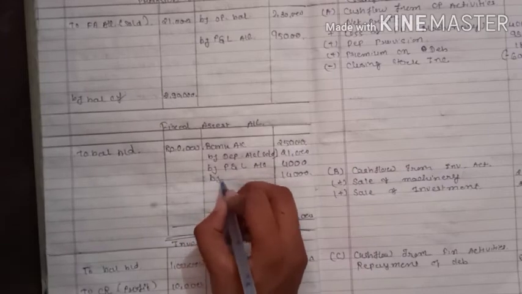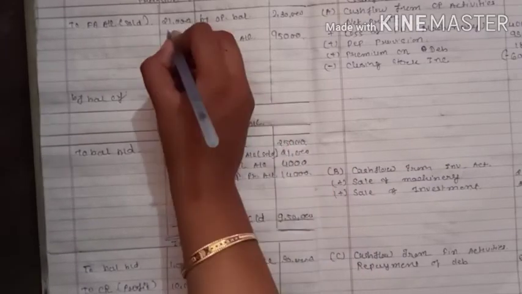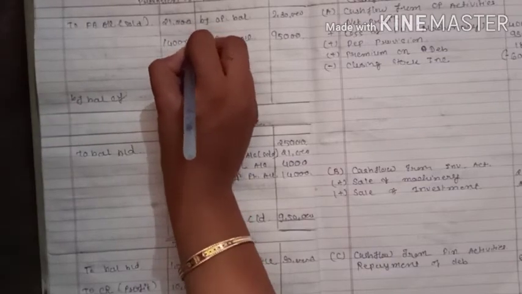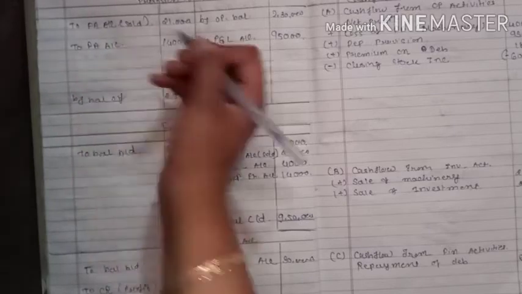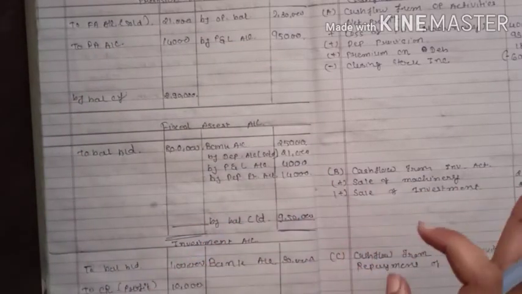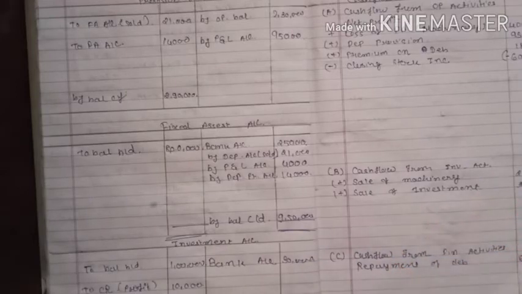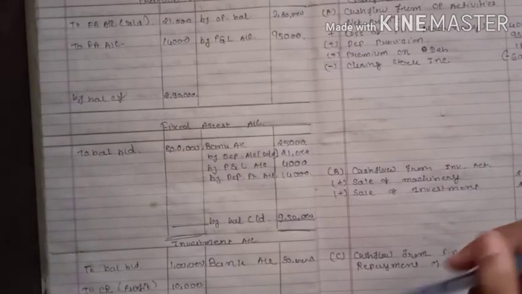So by depreciation provision account, and here will come 14,000 to fixed asset account. We will make the entry of all of the transactions.